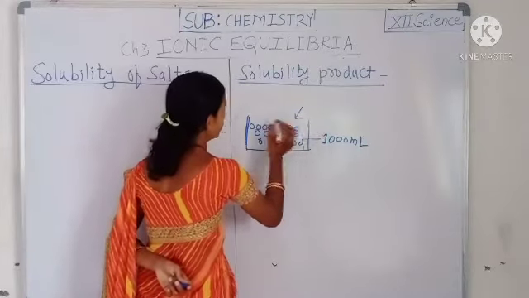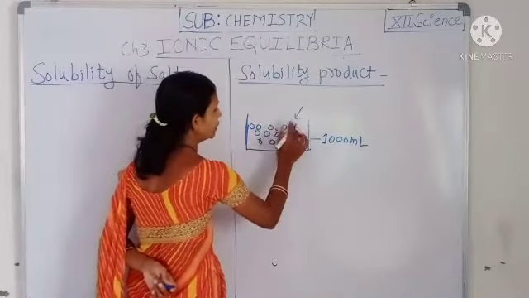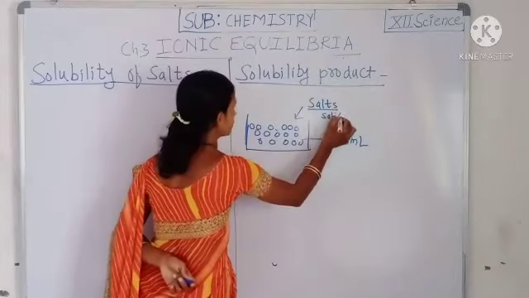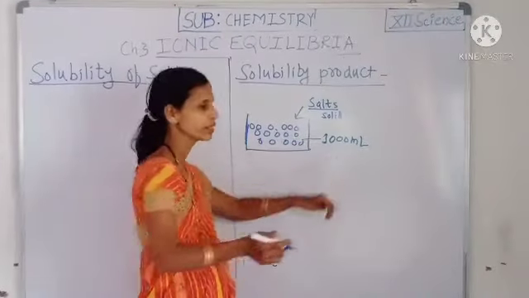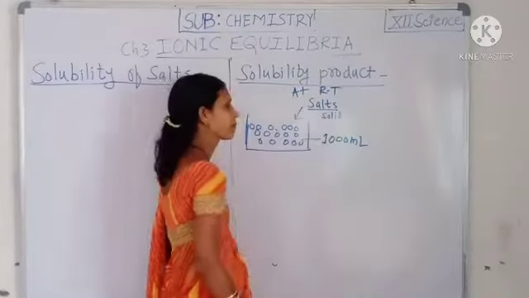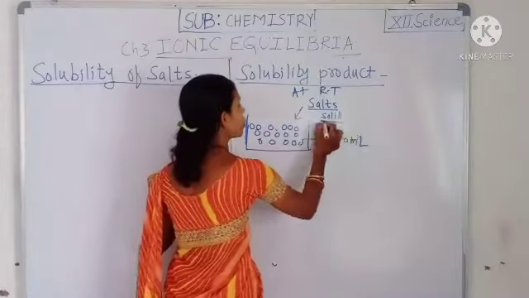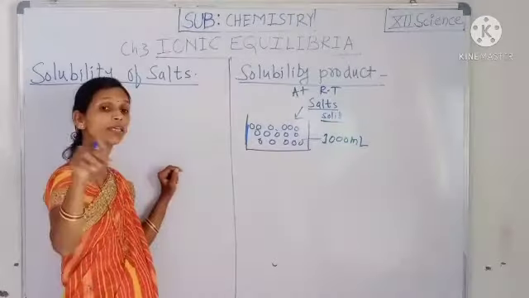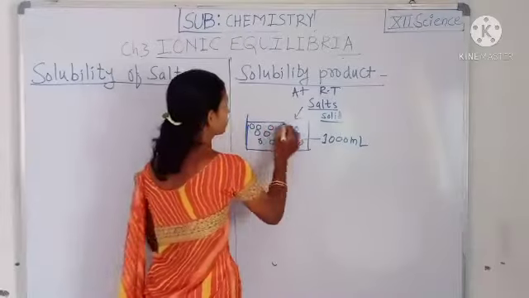When a particular number of moles of solid salt is added and dissolved completely in the given amount of water at room temperature, then the solution becomes transparent.